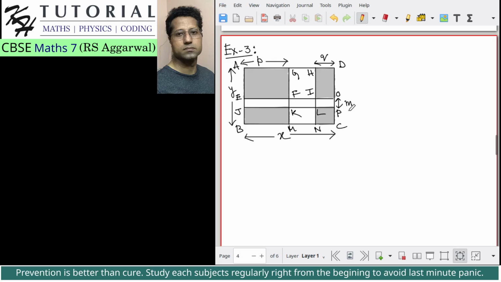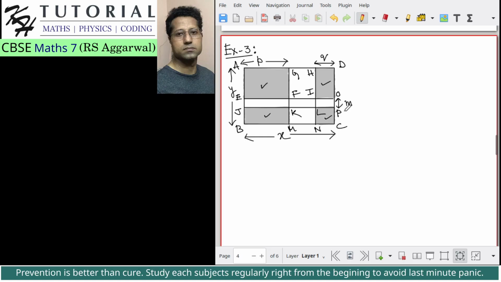Okay, so now let's see. As you can see, the entire shaded region is composed of four rectangles. This one, this one, this one, and this one.